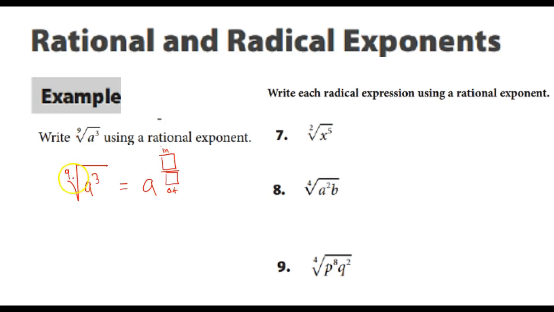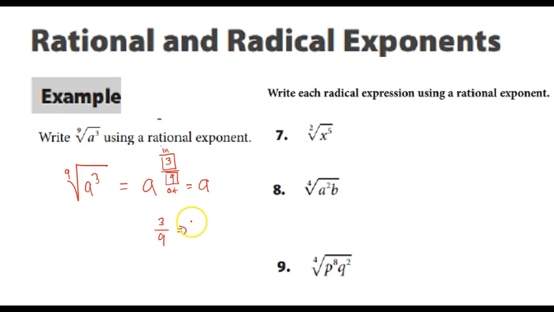So essentially the 9 would go in the denominator, and the 3 will go in the numerator's place. Now as you can see here, 3/9, though 9 can't go into 3 evenly, we can reduce 3/9.